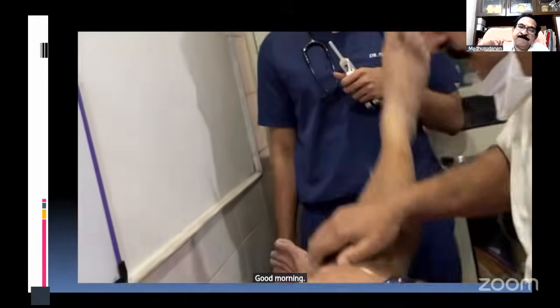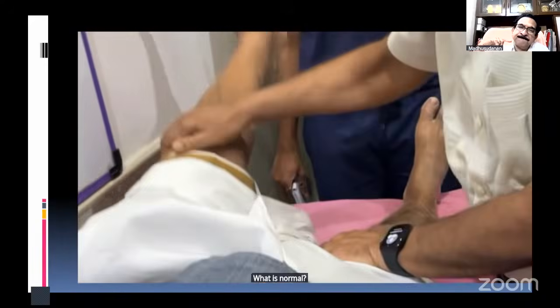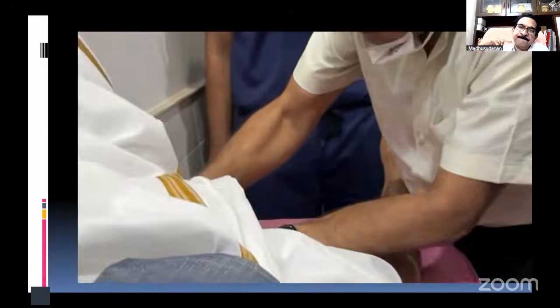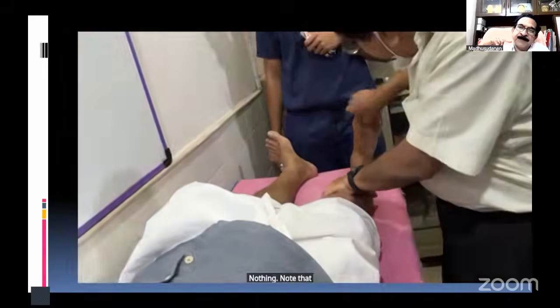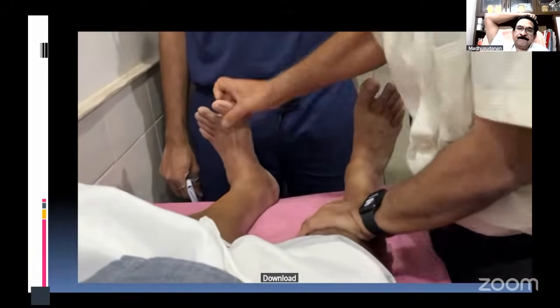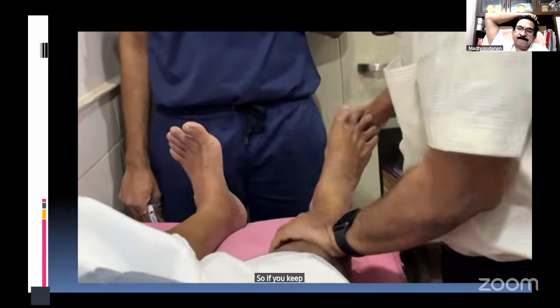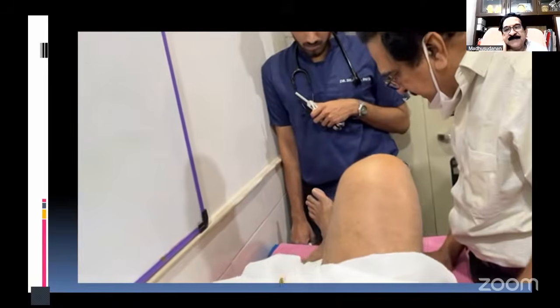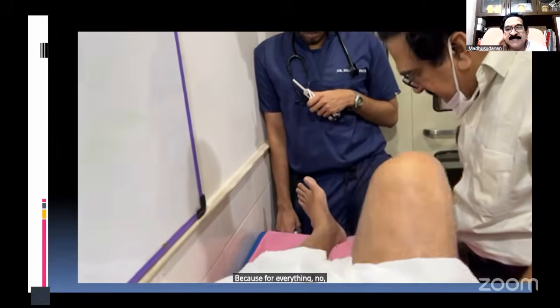Power is normal. Everything is normal, no incoordination in the lower limb, and the Nielsen test was negative.